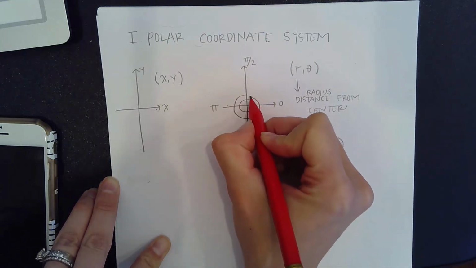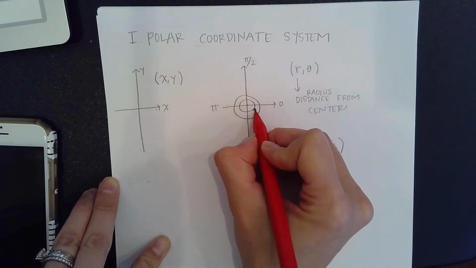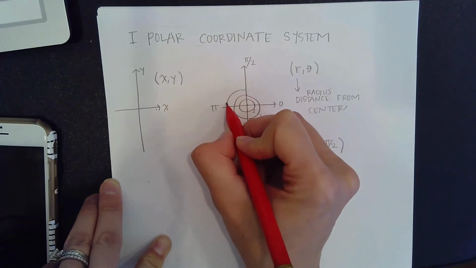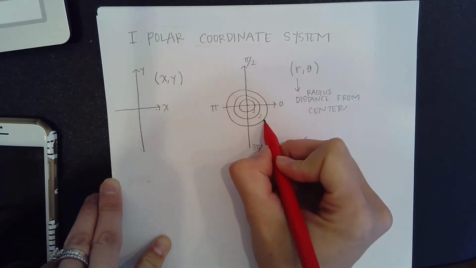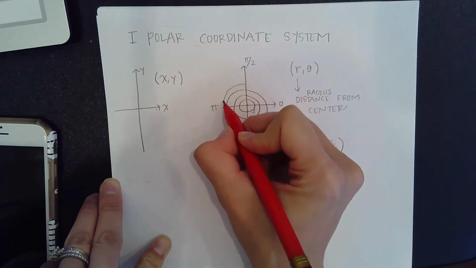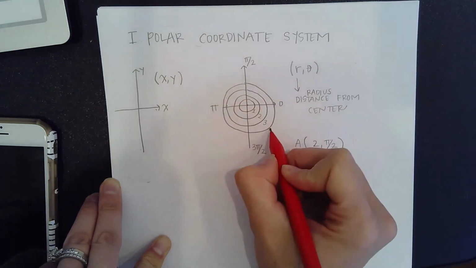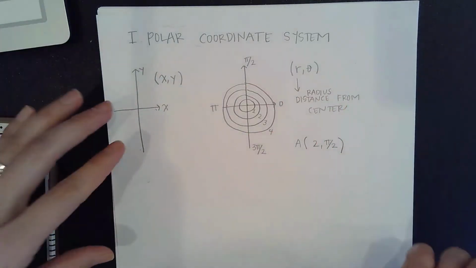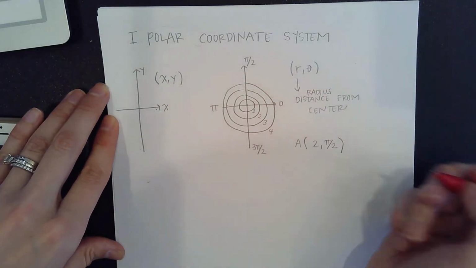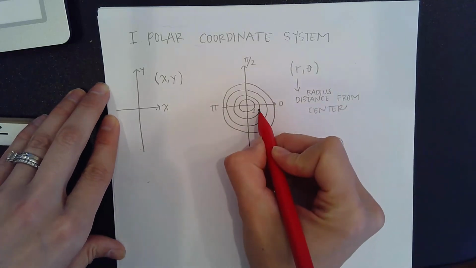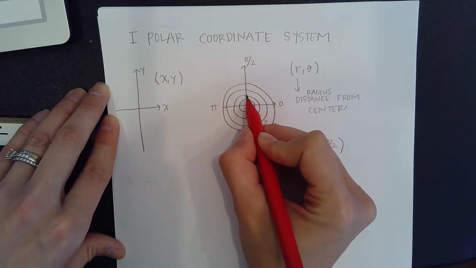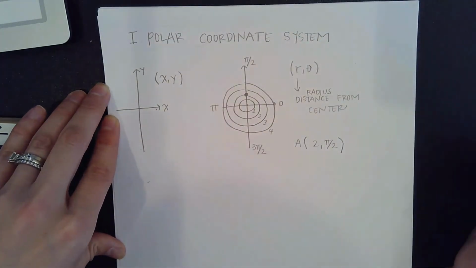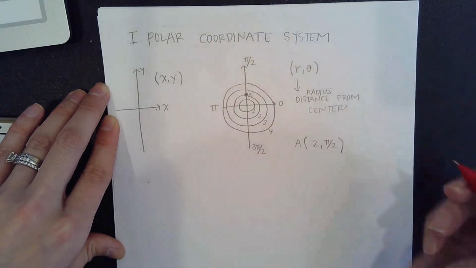A radius of 1 is just our unit circle. This ring represents a distance of 1, this one a distance of 2, this one a distance of 3, and we could keep going forever, with a 4th here. We get bigger as our radius gets bigger. So if our radius is 2, this is the second ring, and pi over 2 is right here. That is your point A.